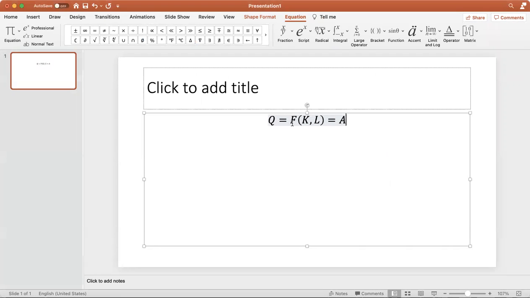And let's suppose that this production function takes on the constant elasticity of substitution form.